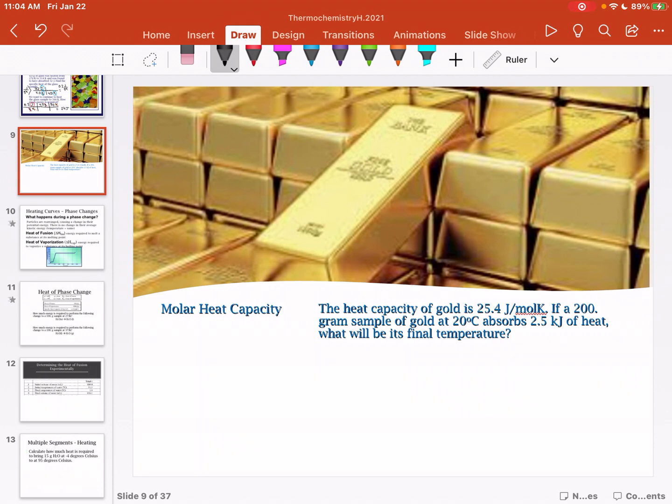So I'm going to need to take that constant. Let me write it so you can see it, dimensional analysis style: 25.4 J/mol·K. And you can see that we're interested in final temperature, so we're definitely going to be solving for Kelvin, which we can see is in the denominator. So I'm going to want to take that constant and invert it so that my Kelvin ends up in the numerator.